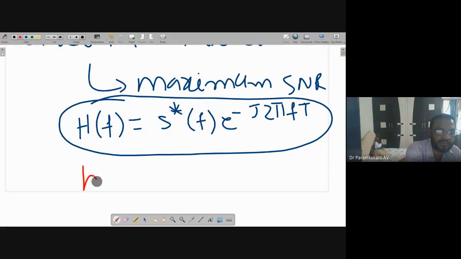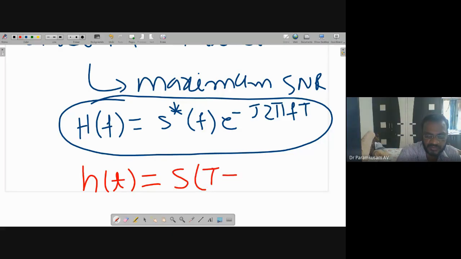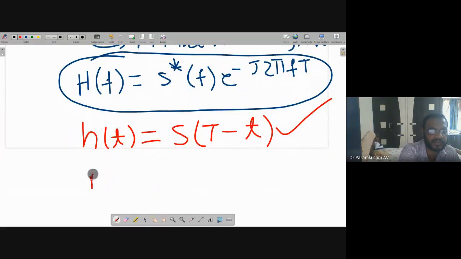Then the unit impulse response of that optimum filter is equal to S of capital T minus t. So finally, the filter with this unit impulse response is called the matched filter.